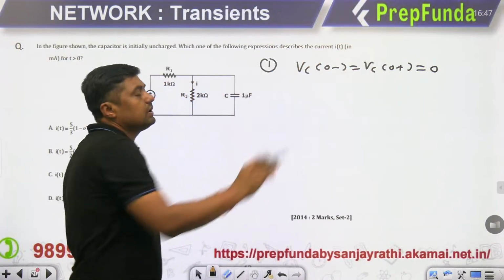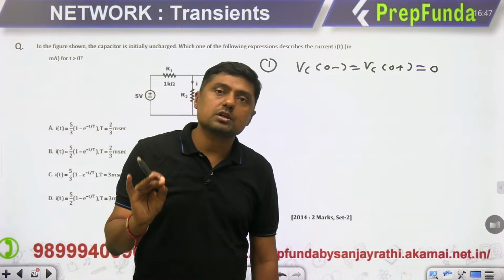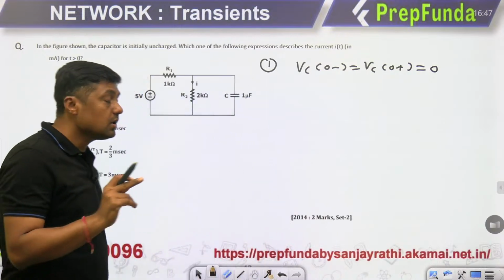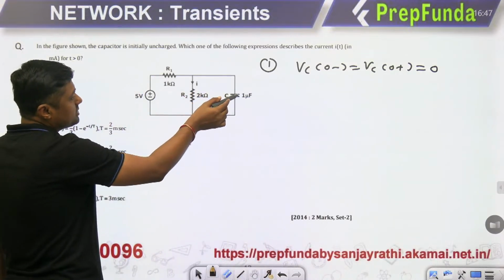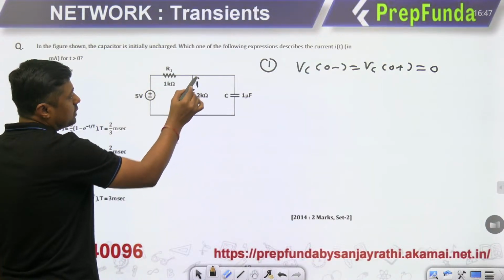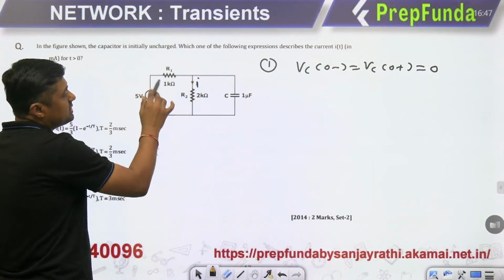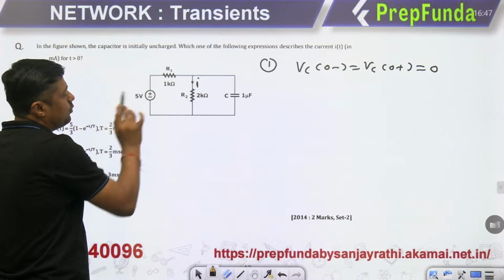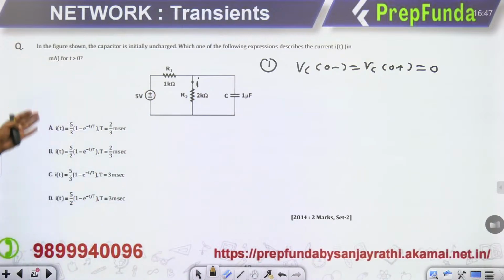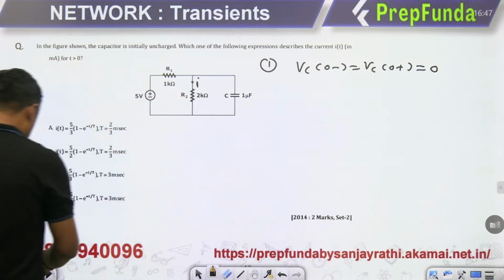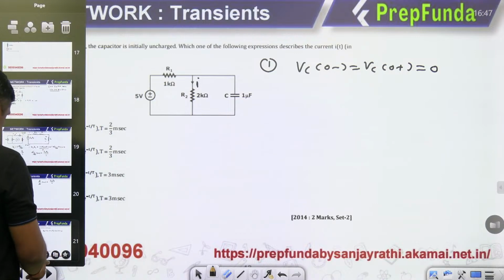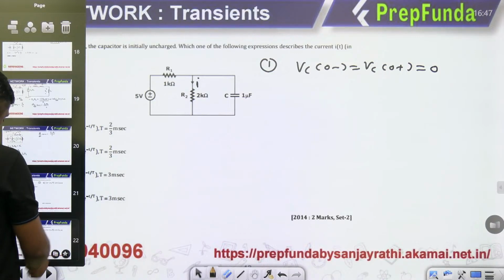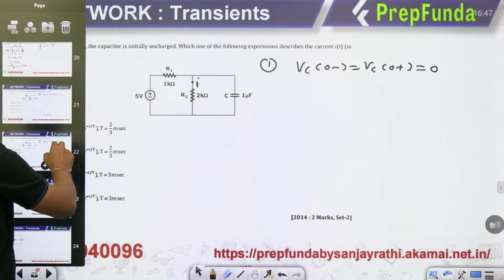First, capacitor does not allow sudden change of voltage, but this time we are not going to find the voltage across the capacitor. We have to find the current through the R2. There is the R1, R2 and C, and a 5 volt battery is connected, and there are a number of options. I think it is visible to you, otherwise I can zoom.